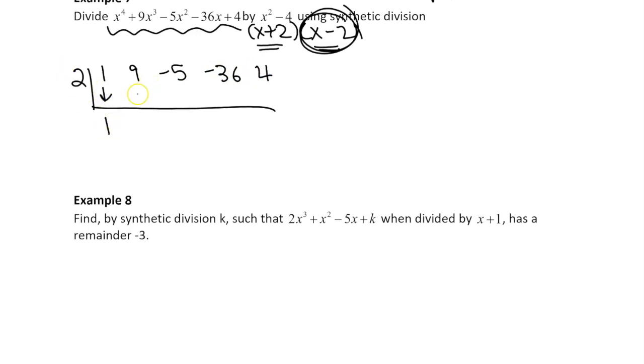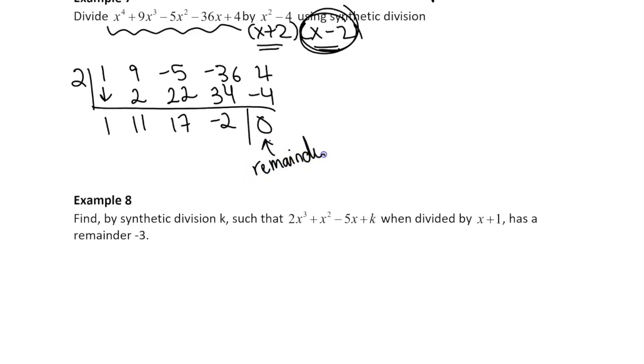As we do our synthetic division, we get something that produces a remainder of 0.